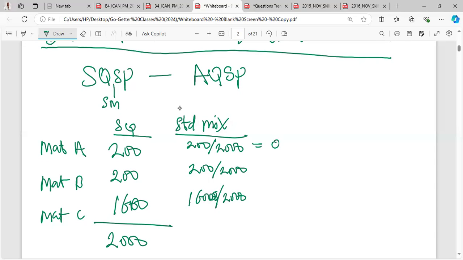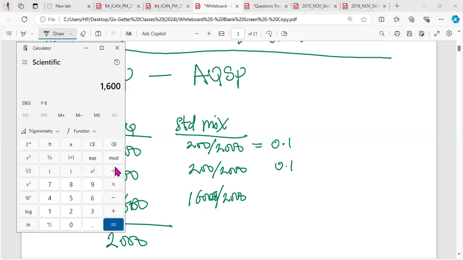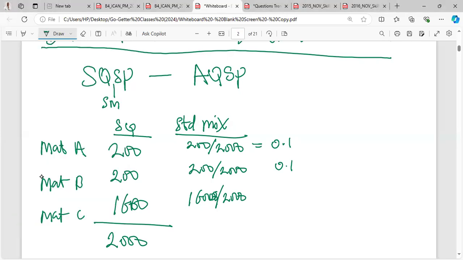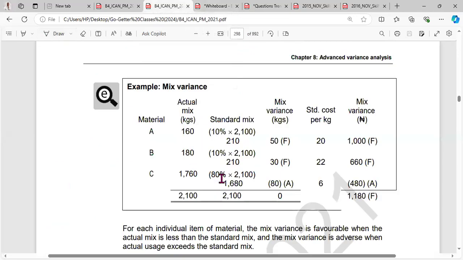Then for the other, 200 over 2000 is also 0.1. Then 1600 divided by 2000 should be 0.8. So that is 0.8. This is the standard mix, 80% or 0.8. Right? That's the standard mix.